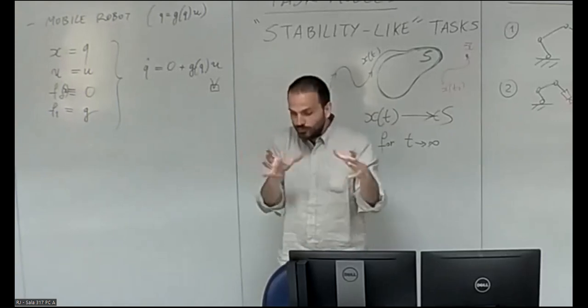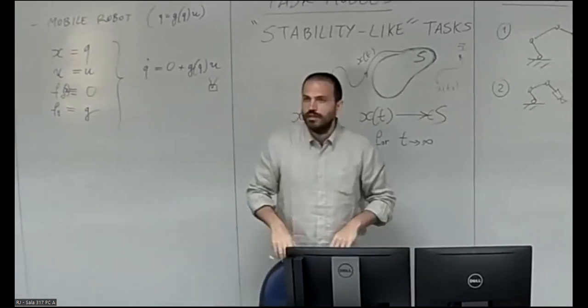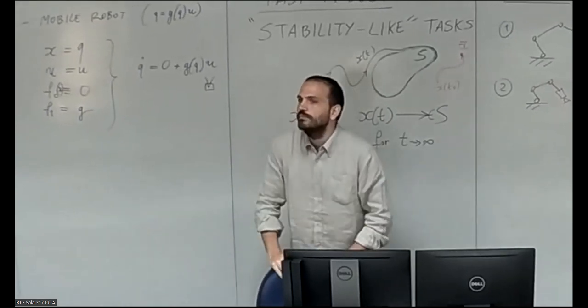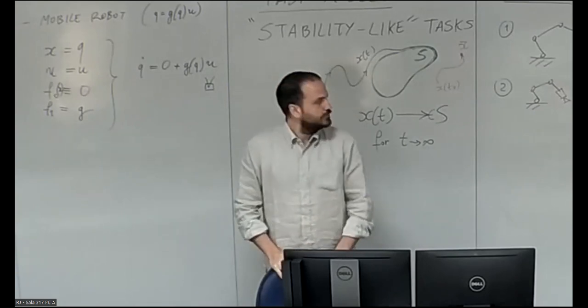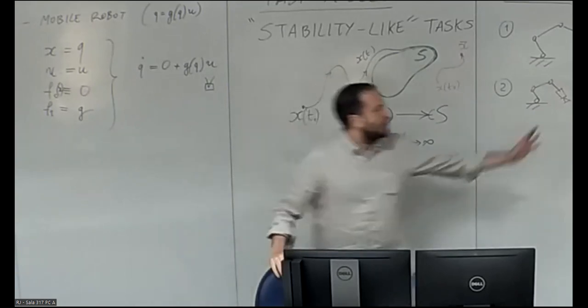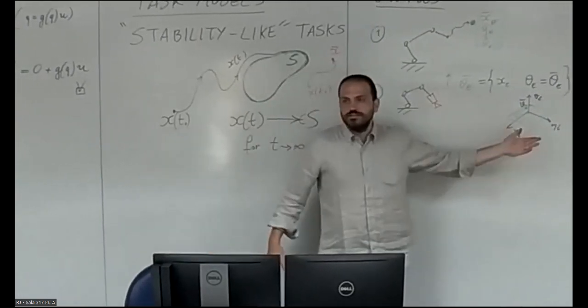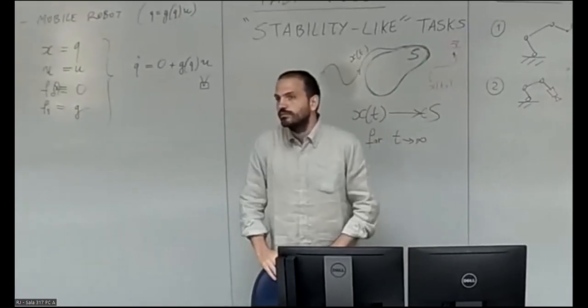But then you place it where you need, and then you can let it screw. So there are plenty of examples where you might be interested in controlling just one component of this task, and then all the rest are free, and that results in a set rather than a quantity.